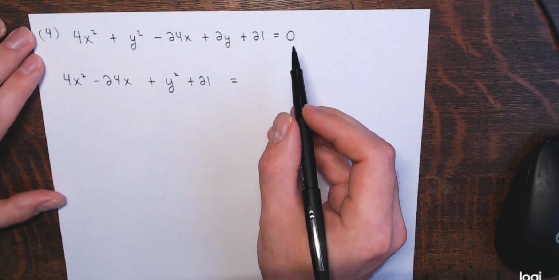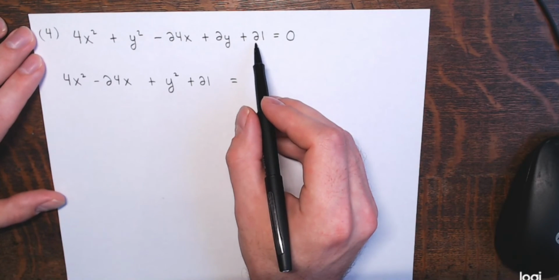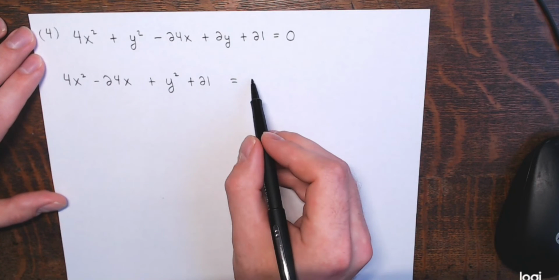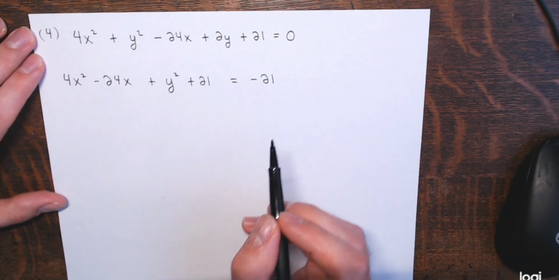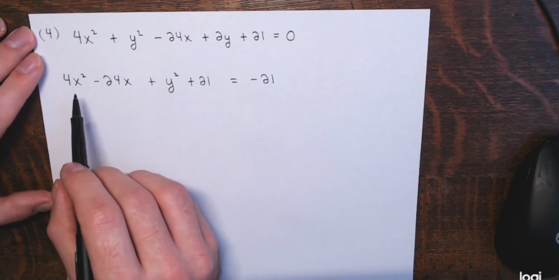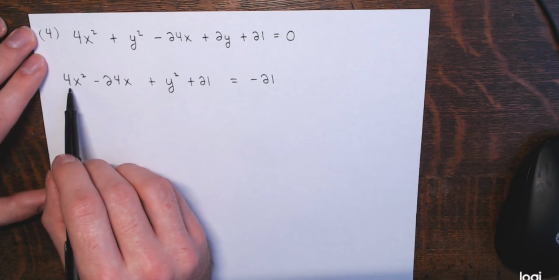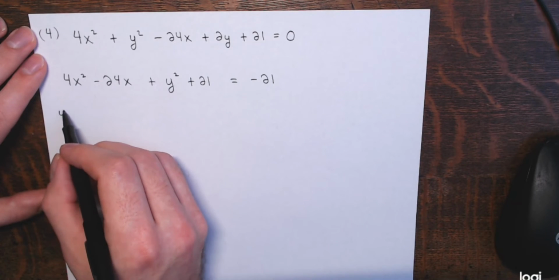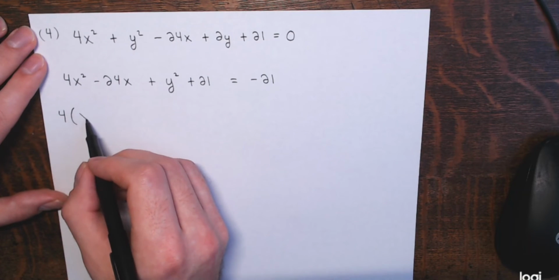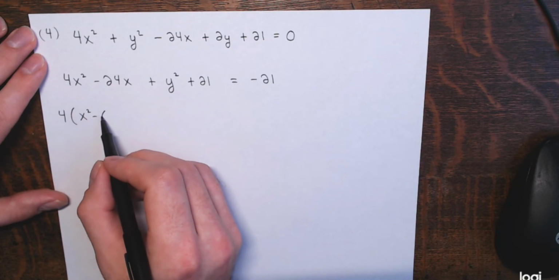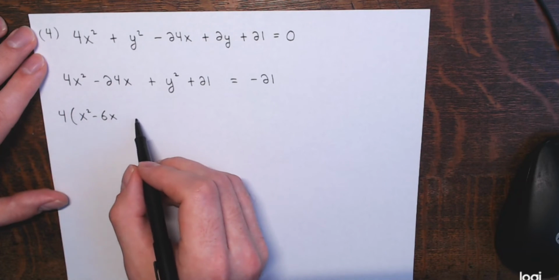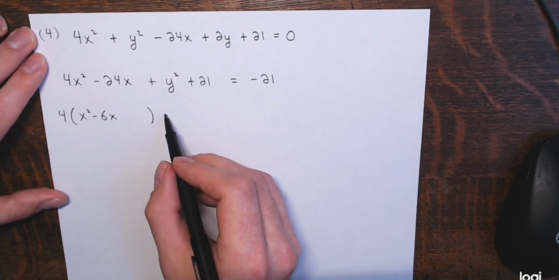And then this positive 21 I don't need over there, so I'm going to subtract 21. That gives me negative 21 on the right side. From the x terms, I'm going to factor out a 4 so that we have 1x squared. So this is 4 times the quantity x squared minus 6x. And then I'm going to leave some space and we'll complete the square inside those parentheses.